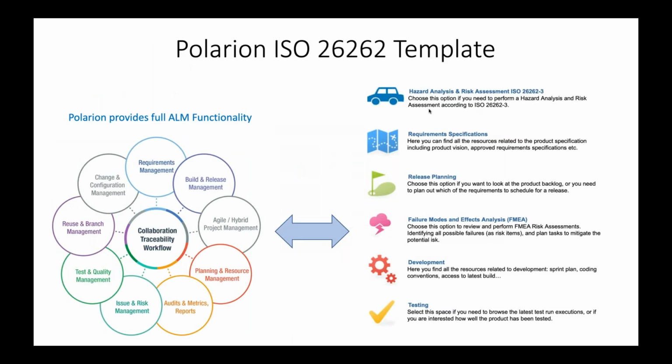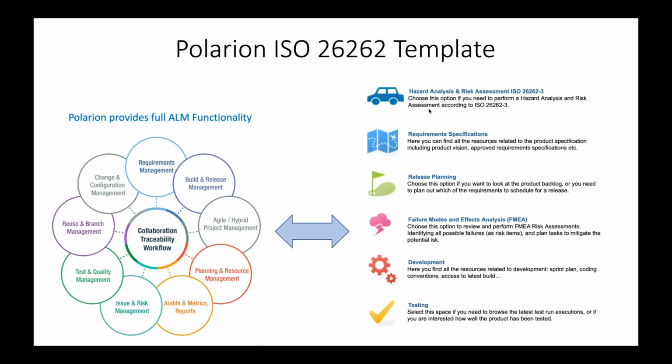So now let's look at Polarion. We finished with the theoretical part and how Polarion can help to manage this kind of data. First of all, Polarion is a full ALM system.